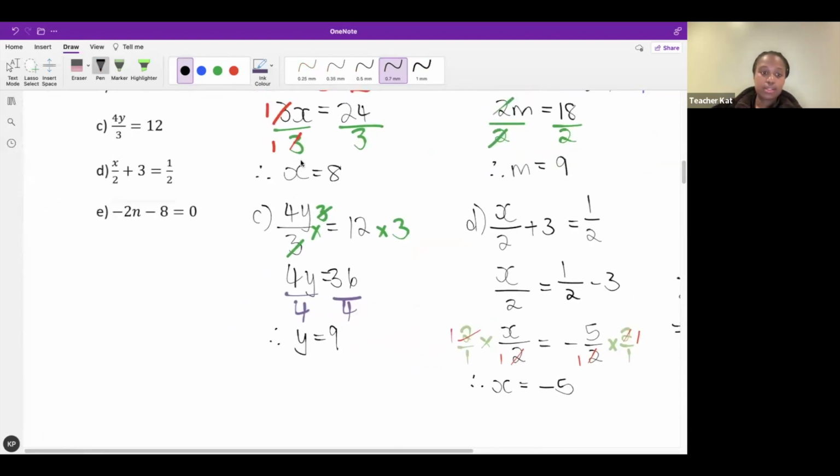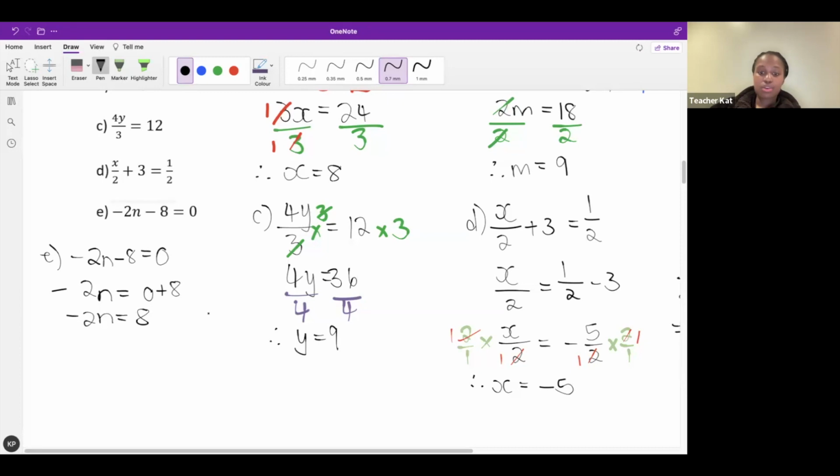Wonderful, guys. And then let's finish off with e. Negative 2n minus 8 is equal to 0. Who do I get rid of first? The 8, and it becomes positive. Thank you, guys. Negative 2n is equal to 0 plus 8, which is just 8. All right, now who do I get rid of?